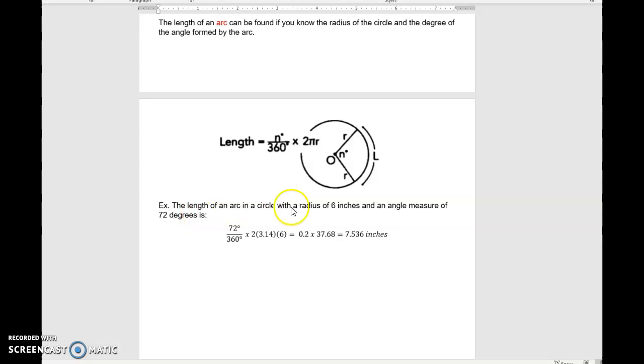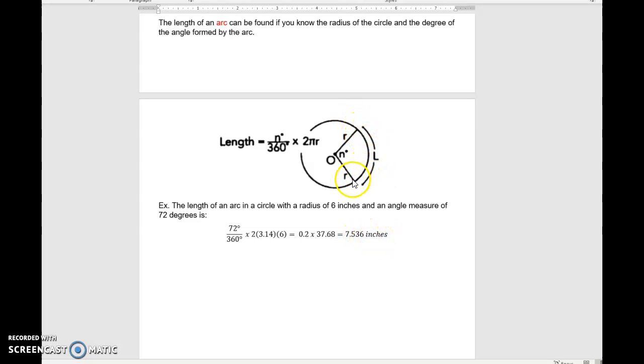In my particular example, I have an arc of a circle with a radius of 6 inches and an angle measure of 72 degrees. So I'll plug those numbers into the formula above. I have 72 degrees over 360 degrees times 2 pi r. I've already plugged in the numbers, 3.14, and the number 6 for the radius. I do my calculations, and I get a final total of 7.536 inches.